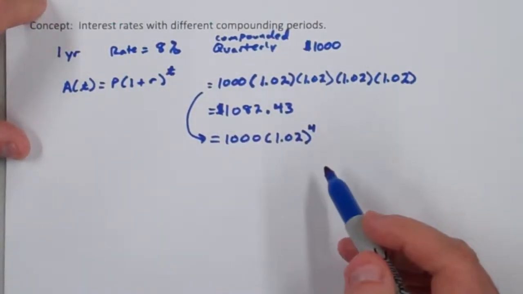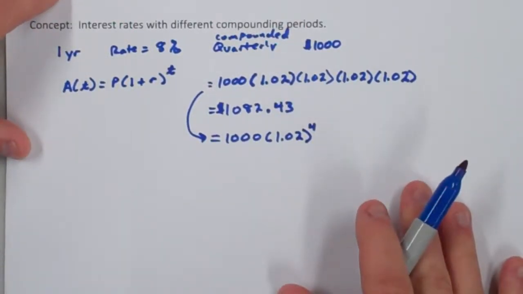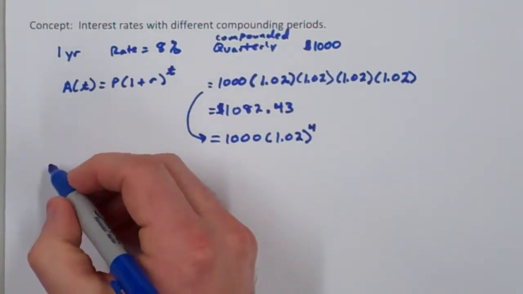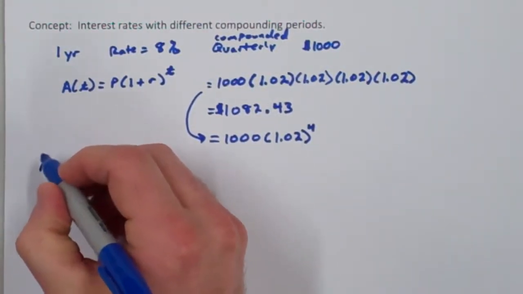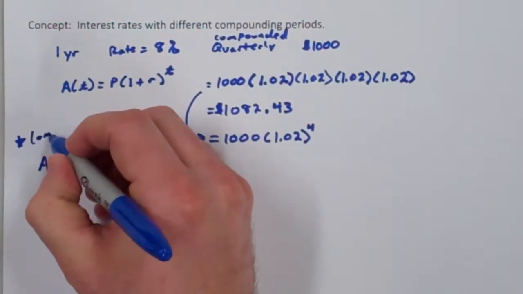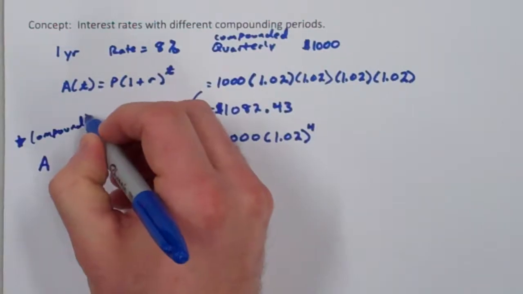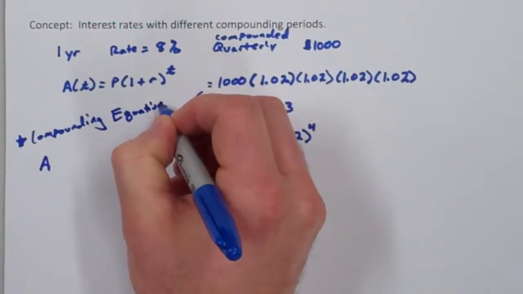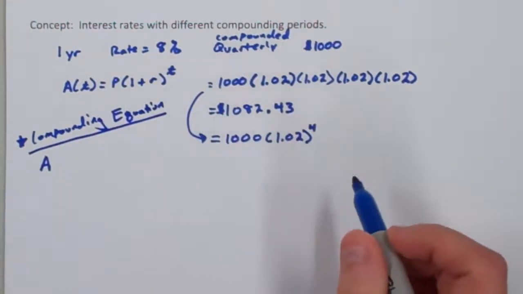Well, we need to write a new equation. This new equation, we'll just use A, is going to be the compounding equation. So we'll start with the formula here.